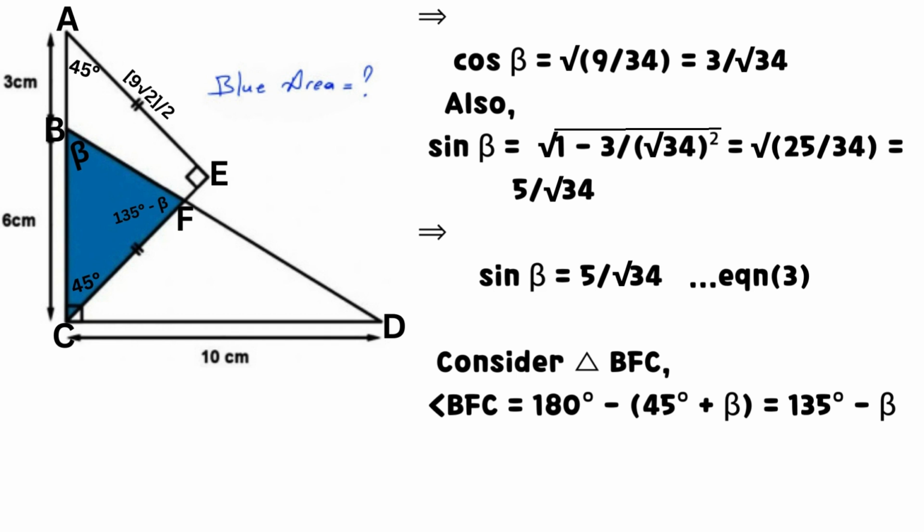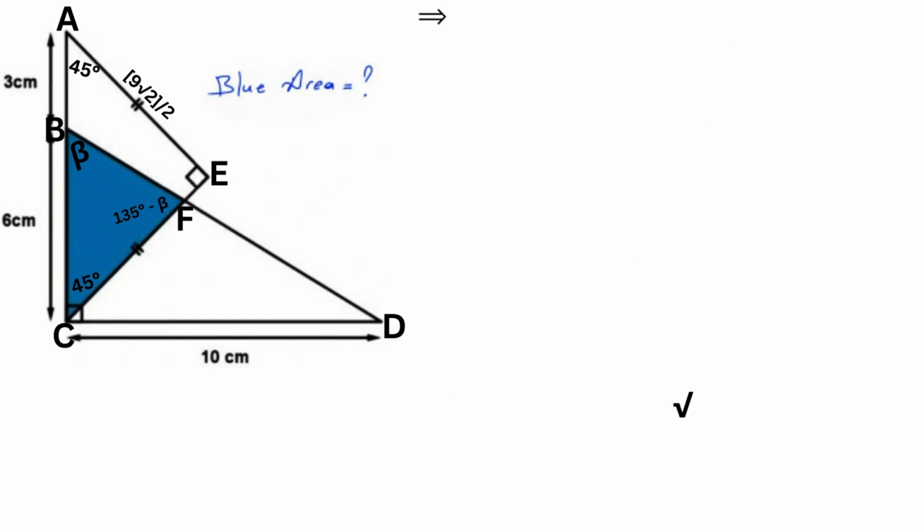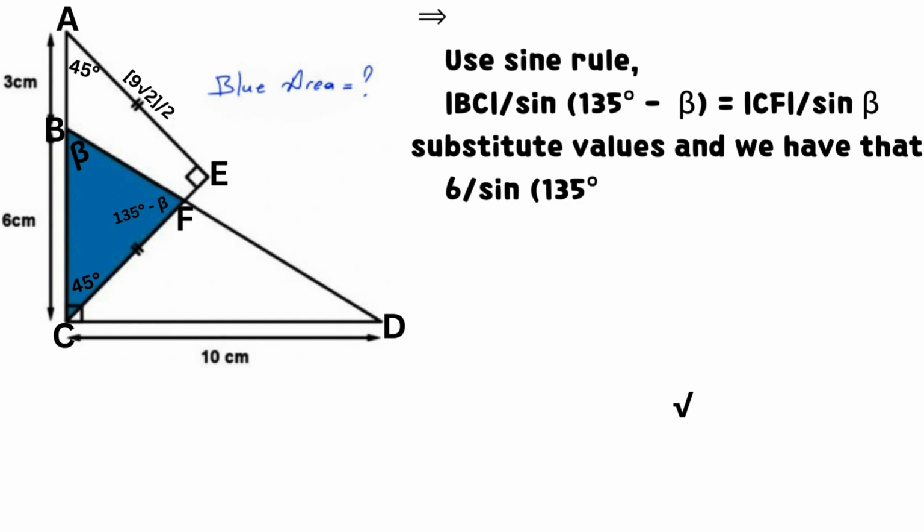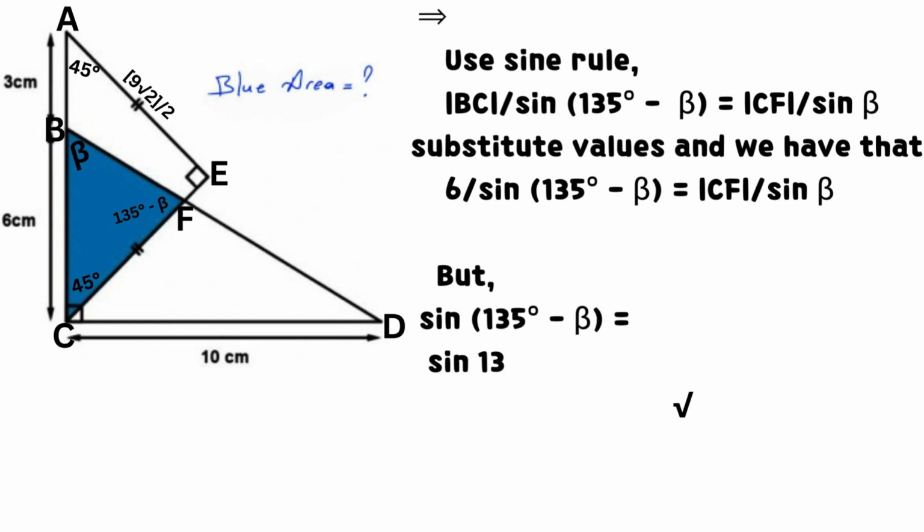After substitution and simplification of values, it implies that, by using the sine rule, line BC divided by sine of 135 degrees minus beta equals line CF divided by sine beta.